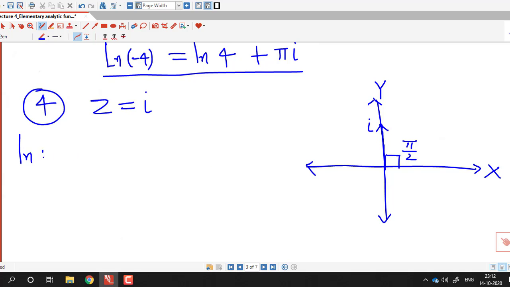So by definition, log of i equals log of the absolute value of i plus i into the argument of i.